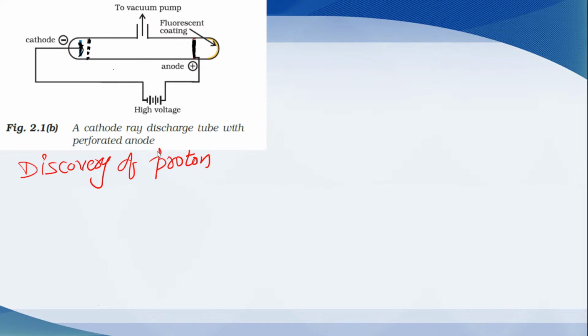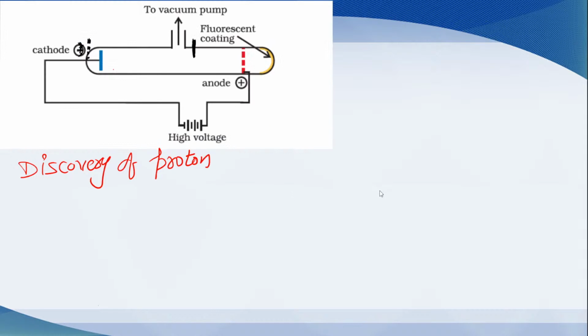Let us take it like this. In high voltage, the anode is complete, but the cathode is perforated.